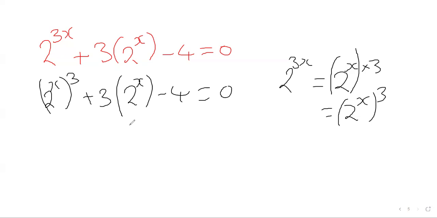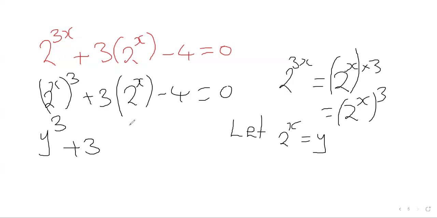So if we let 2^x be equal to y, it therefore implies that in our equation we are going to have y^3 + 3y - 4 = 0. So we now have a cubic function, and we are required to solve it.